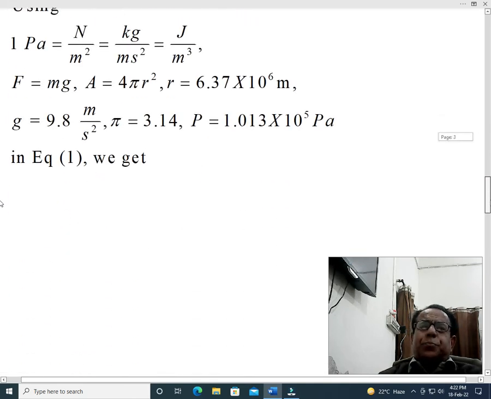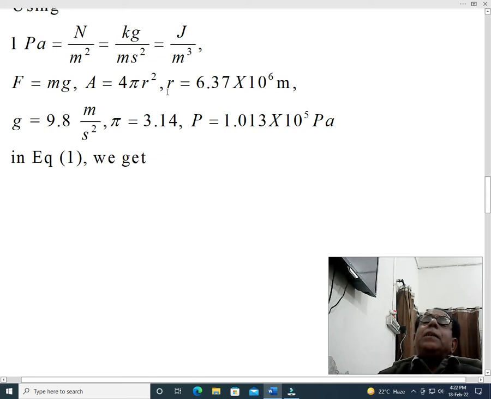Here we will use A equal to 4 pi r square, r equal to 6.37 times 10 raised to the power 6 meter. This is given in this problem statement as a hint within bracket.